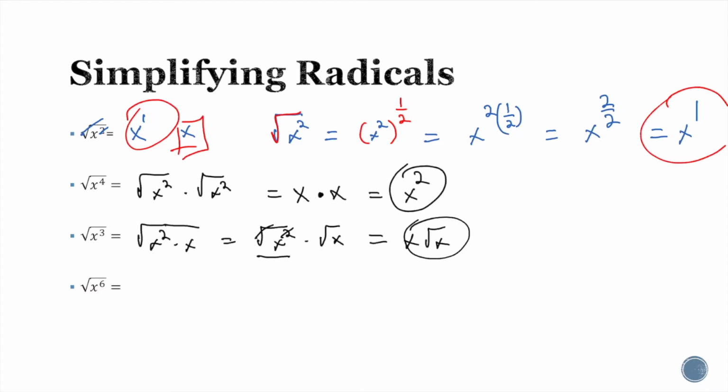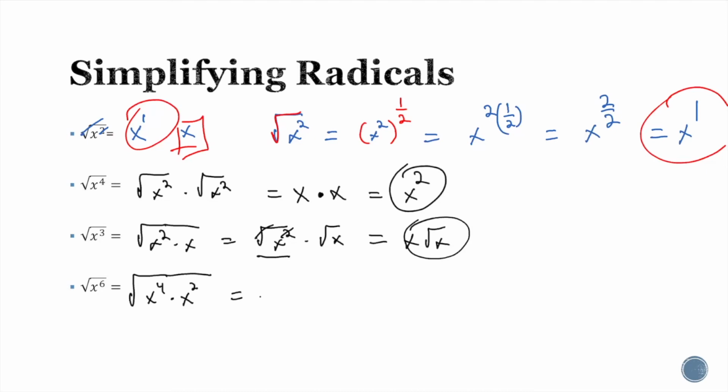Now, the square root of x to the 6th power is a little different from our understanding. But if you can't see it automatically, let's break it up like we did the first 3 problems. So, I can do the square root of x to the 4th times x squared, because this is the same as x to the 6th power.